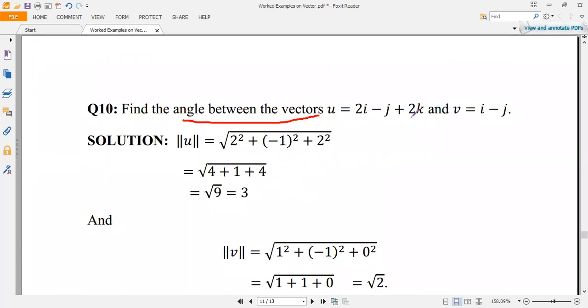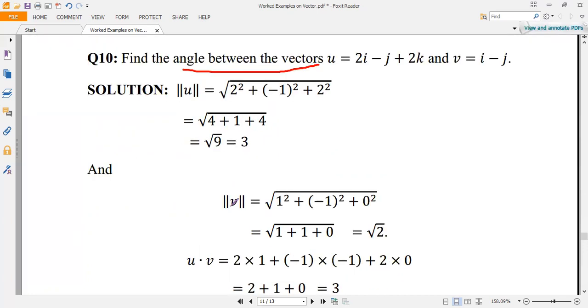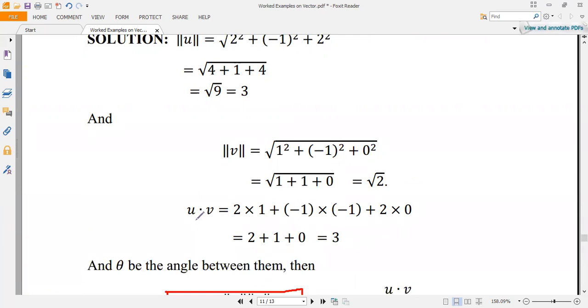To find the angle between these two vectors, let's first find the magnitude of each. The magnitude of u is the square root of 2 squared plus minus 1 squared plus 2 squared, which is 3, and the magnitude of v is the square root of 1 squared plus minus 1 squared plus 0, which is square root of 2. The dot product of u and v is 3.